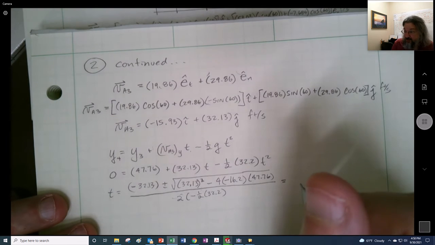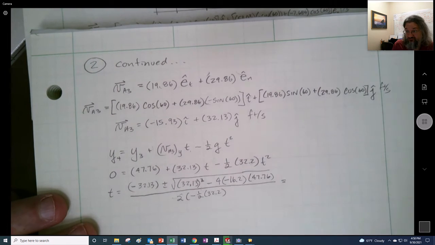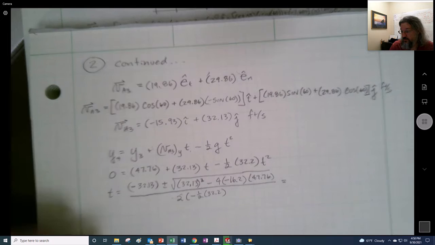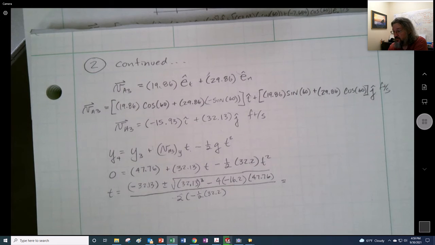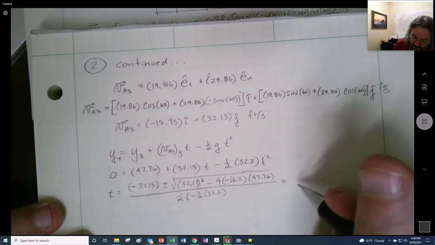Anyway, I go through this. I'm going to get 2 roots. I don't really care what the second root is. I can tell you what the second root is if you'd like. I'll go this way. Boom. The second root is going to be, boom. It's going to be 2 roots.